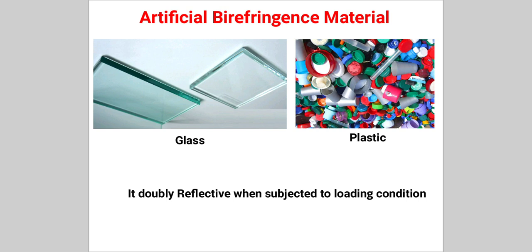We also discussed the types of light sources used in the polariscopic device. Now in the second part we'll discuss the detailed working principle of the polariscopic device, that is, how the polariscope is used to find the direction and magnitude of principal stresses. Thank you.